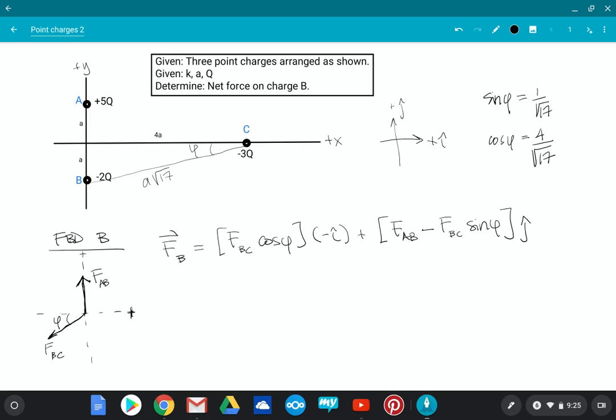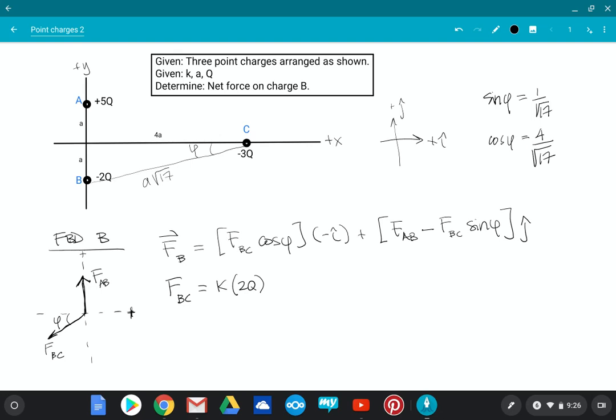All right, so now I have my force equation, but it's not in terms of the givens because I haven't yet applied Coulomb's law. So now I'm going to apply Coulomb's law here, and that is to just define the magnitude. Notice I'm not putting a hat on this. This is the magnitude of force BC, the magnitude of the force between particles B and C, which is k times the magnitude of particle B, 2Q.